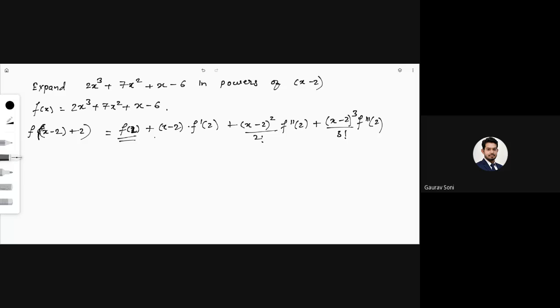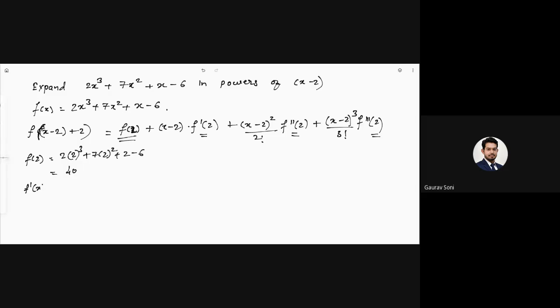So I need to find out f of 2, f dash of 2, f double dash at 2 and f triple dash at 2. So f of 2 is 2 into 2 cube plus 7 into 2 square plus 2 minus 6. So 2 cube 8 to 16, and 4 into 7, so plus 2 minus 6, so that will be 40.